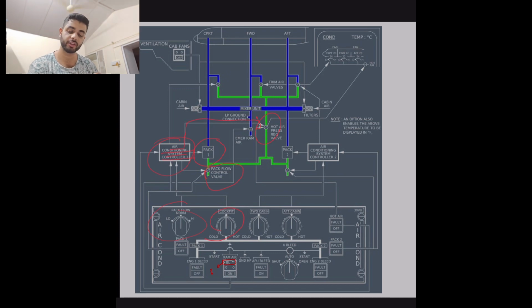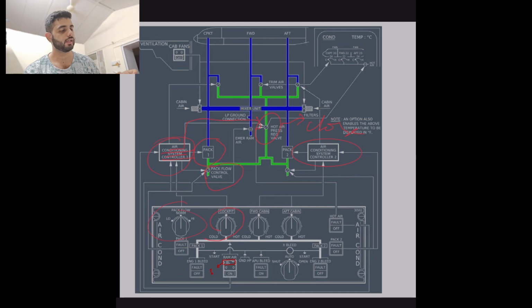The hot air pressure regulating valve will also close when your ACSC2 fails. This is because one pack can only supply so much air. If you're running on one pack, it won't be able to handle the supply of so much air and still handle the temperatures very well.